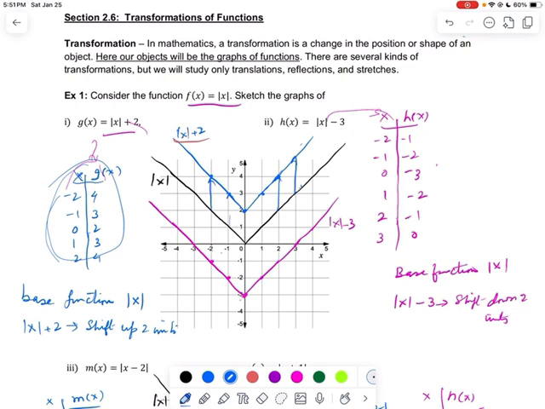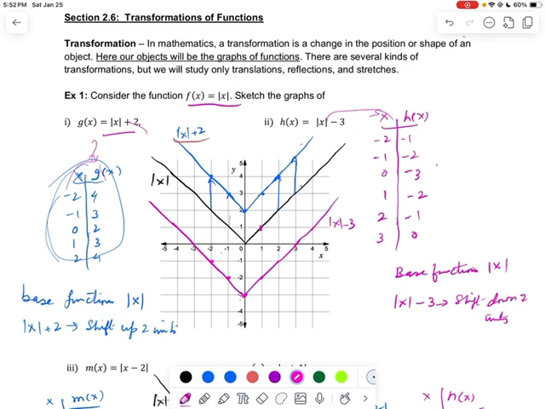Then if we have absolute value of x minus some number, then it makes sense to assume that it will move the graph of absolute value of x 3 units below it. So you notice each point on the graph of the absolute value of x has moved 3 units down to give us the graph of the absolute value of x minus 3.